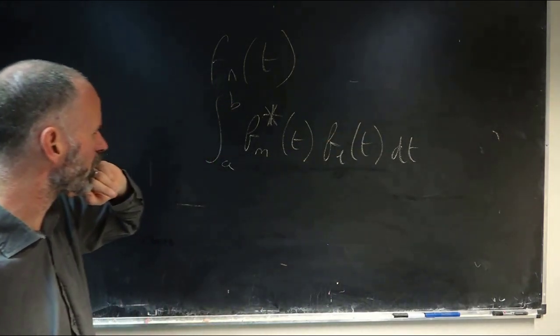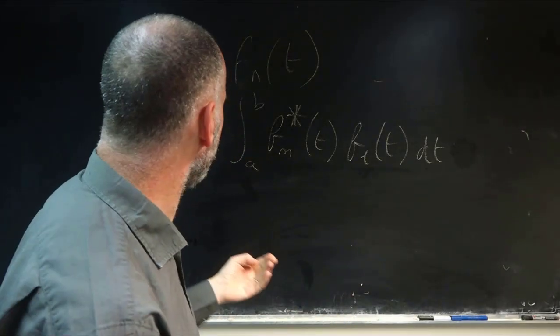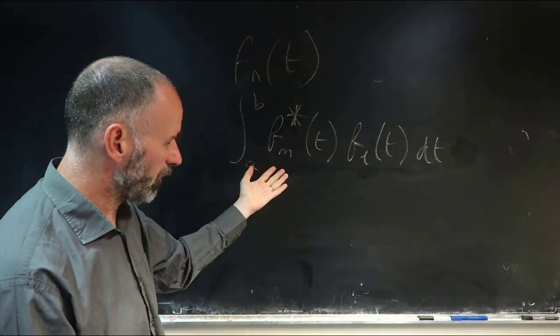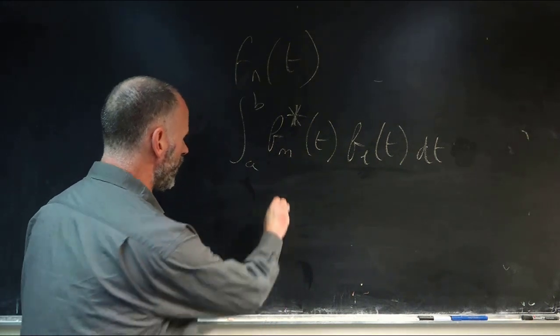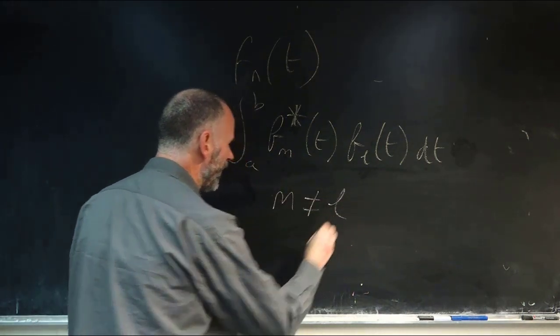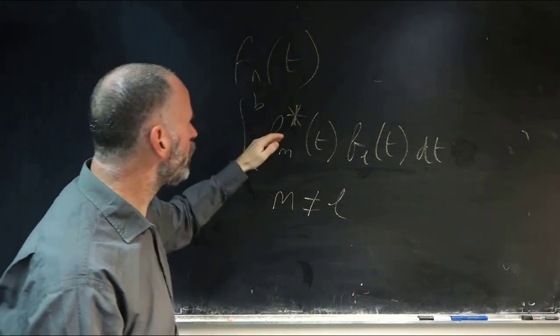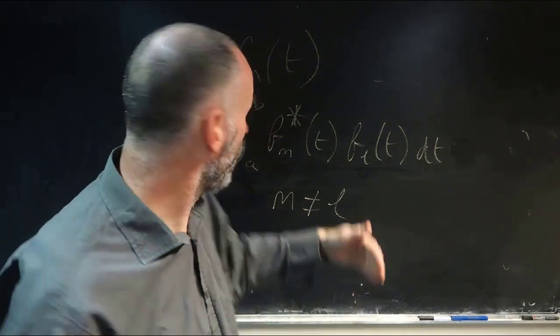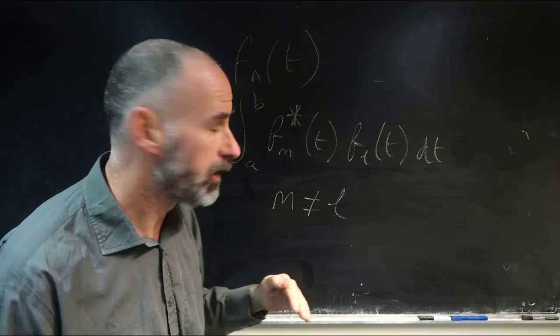So the orthogonality condition is this. We've got this integral, and if for m not equal to l this goes to 0, then we say that the functions in our basis set are orthogonal.